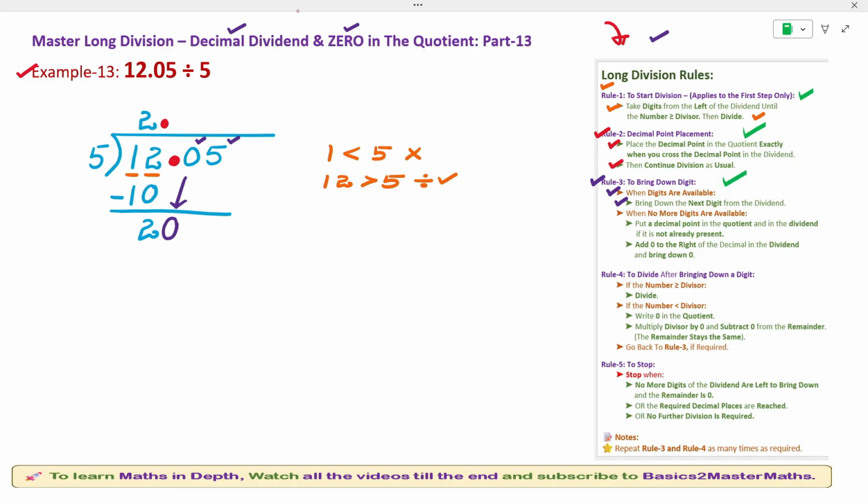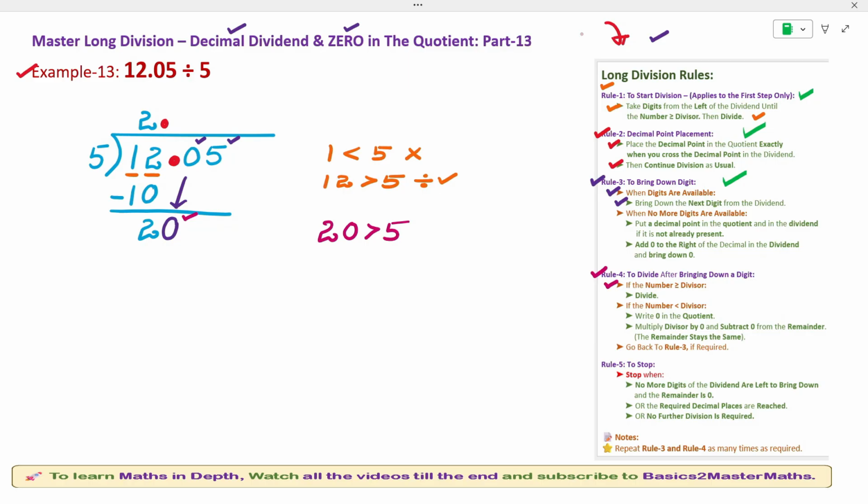Before going to rule 4, check whether the number is greater than or equal to the divisor. In this case, the number is 20, which is greater than the divisor 5. Let us apply rule 4.